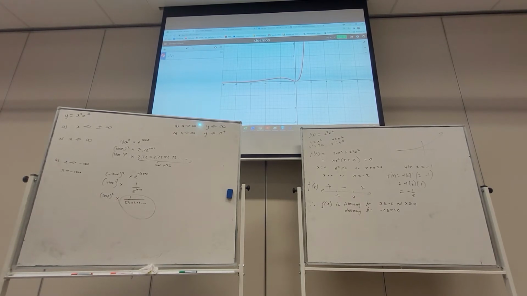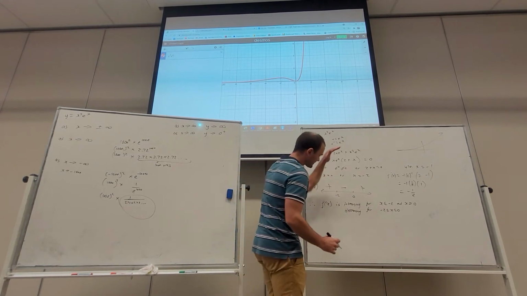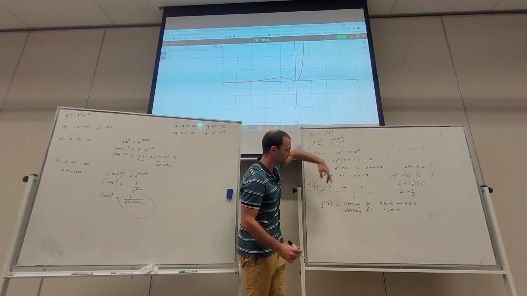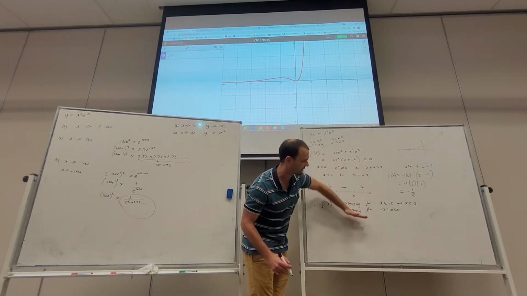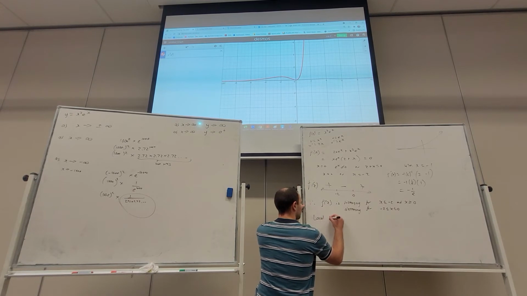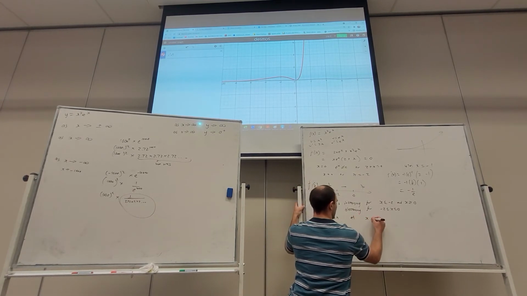D, hence state the coordinates of any stationary points. Well, we've got a local max at x is minus 2. It's increasing and then decreasing, and a local min at x is 0. Local max at x is minus 2.